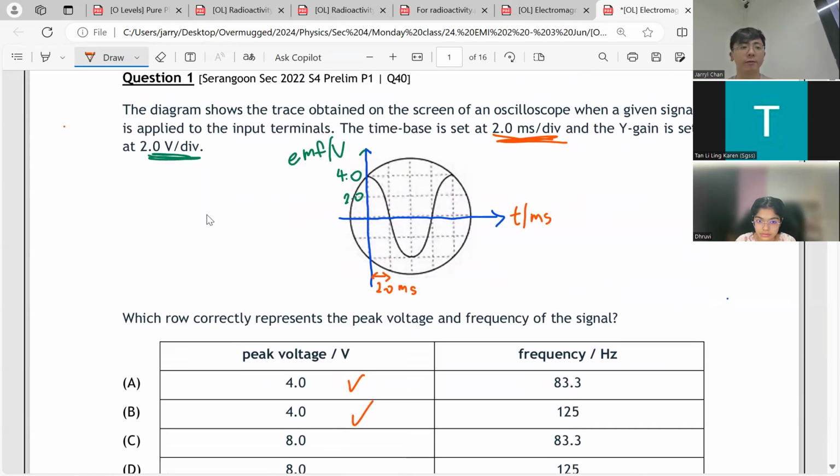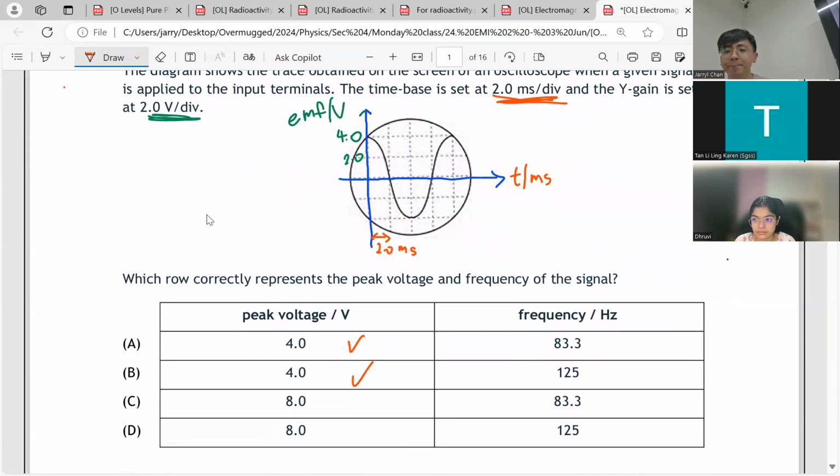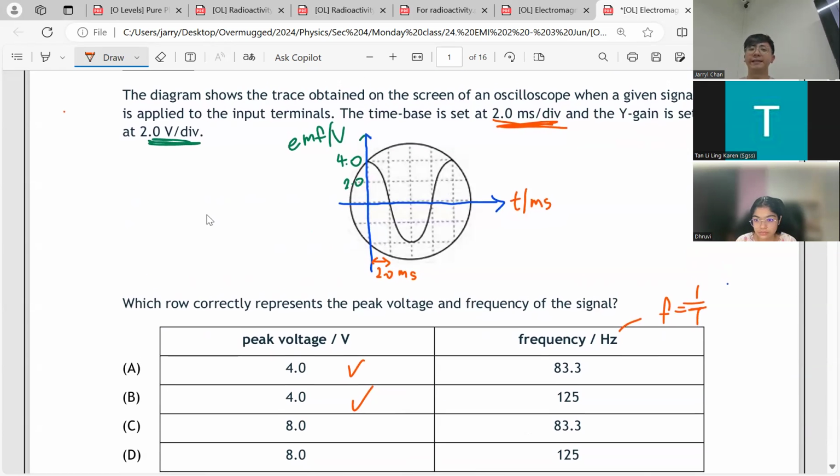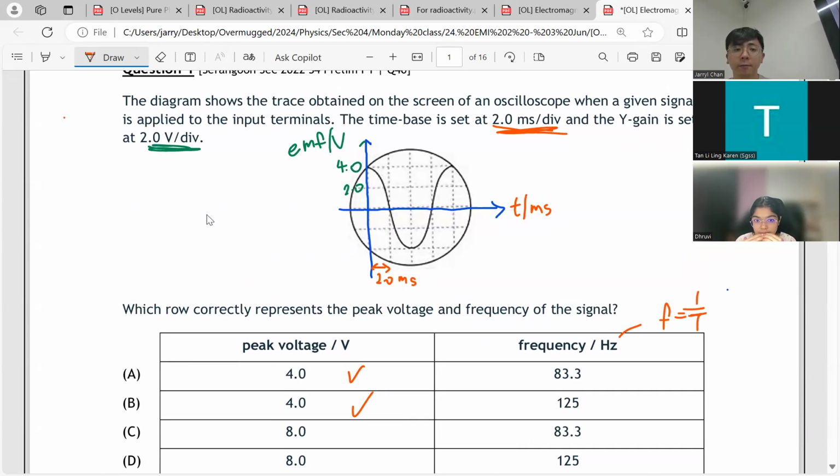If the time is set at 2 milliseconds per division, I want to calculate frequency. How to calculate frequency from time? f equals 1 over T. What I can see from this is definitely my period. Here to here is 1 period. How long will this be? 2, 4, 6, 8 milliseconds. 8 milliseconds equals 8 times 10 to the power of minus 3 seconds.